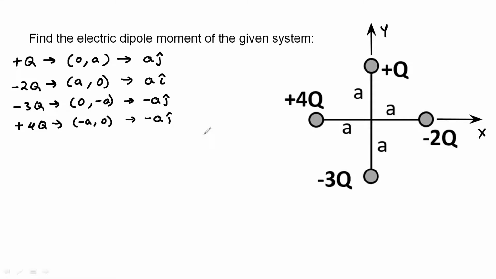Okay. So the dipole moment is simply p vector is equal to charge multiplied by its position vector.